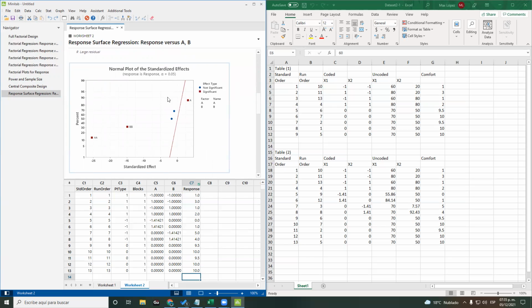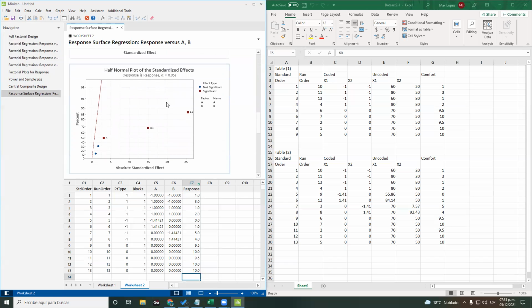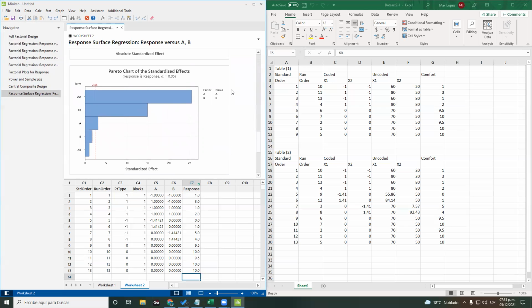In our normal plot, we can see that these effects are close to zero, so that's good. As I said previously, our AA interaction and BB are our highest effect and most significant, I would say. We can see that more clearly on our Pareto chart. AA, BB, and A are the only ones that remain significant.